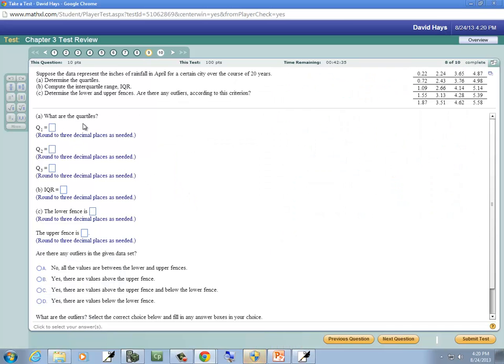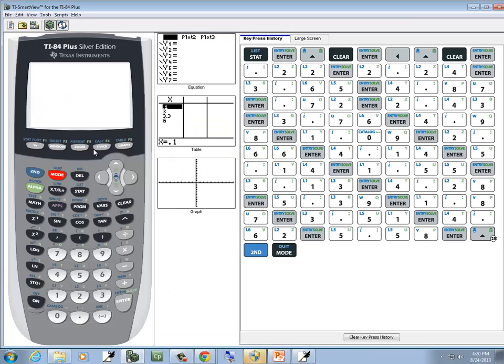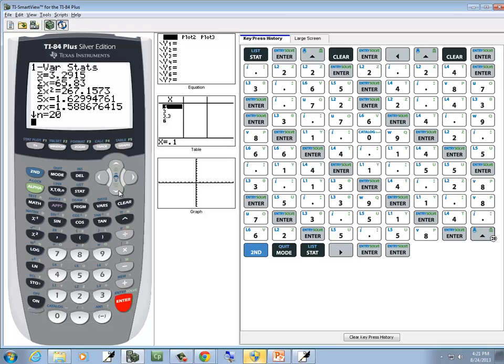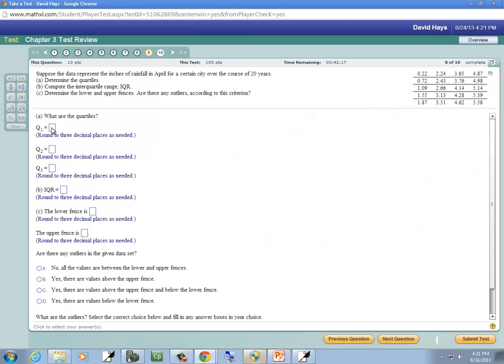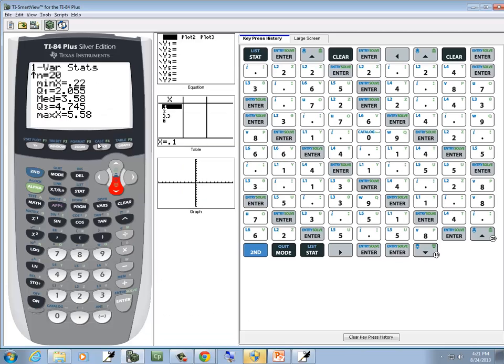And they ask, what are the quartiles? So let's find those first. So do stat, right arrow to calc, do enter on one of our stats, and enter again. Now I'm going to down arrow. Quartiles are on the second page. You see Q1 is 2.055. The median, MED, that's our Q2, so that's 3.58.